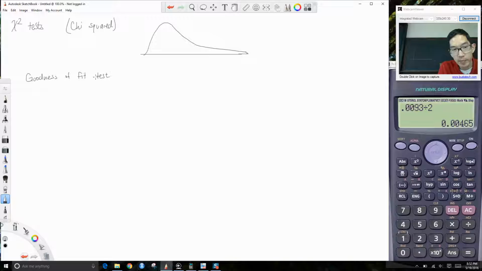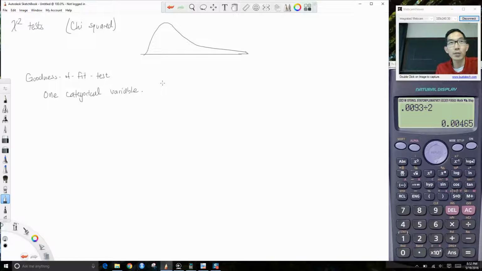The setup is we have one categorical variable, and the observations can belong to one of however many categories we have. Maybe we have 4 different categories.